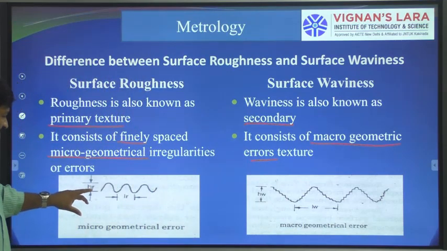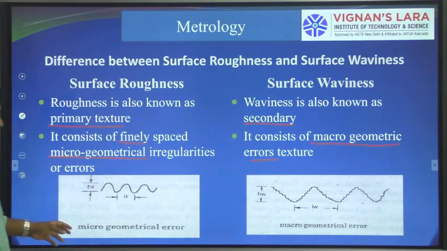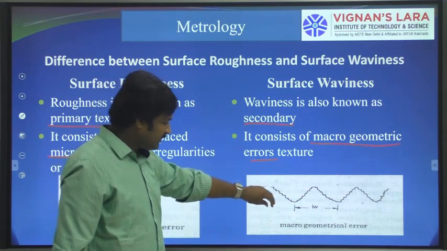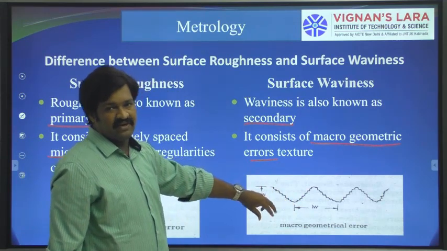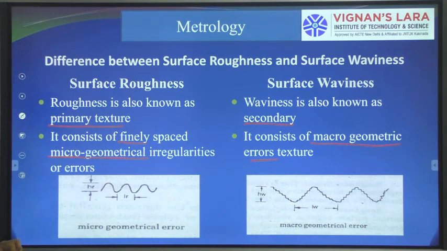If we observe the schematic of each, here in the roughness the irregularities are close to each other, whereas here in the waviness they are far away from each other. It means it is making some white space compared to our roughness.